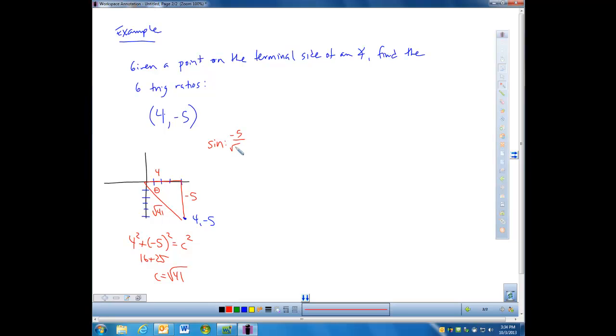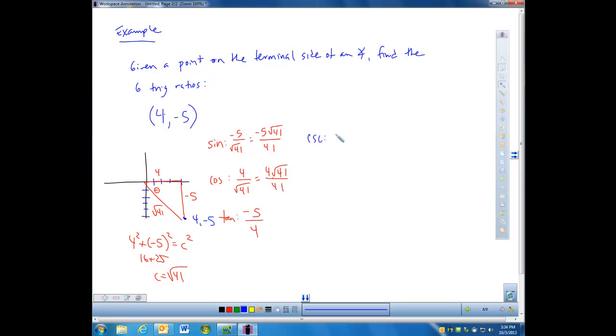So I have all 3 sides, so doing my trig ratios should be really easy. Make sure you get rid of the radical in the denominator. And again, if you struggle doing that, you probably need to come and talk to me so that I can help you with that. As I'm working through it right now, we call it rationalizing the denominator, getting rid of the radical. Take your opposite over your adjacent to find your tangent.